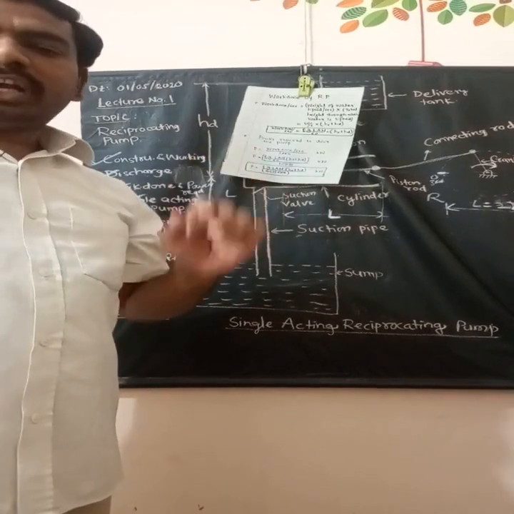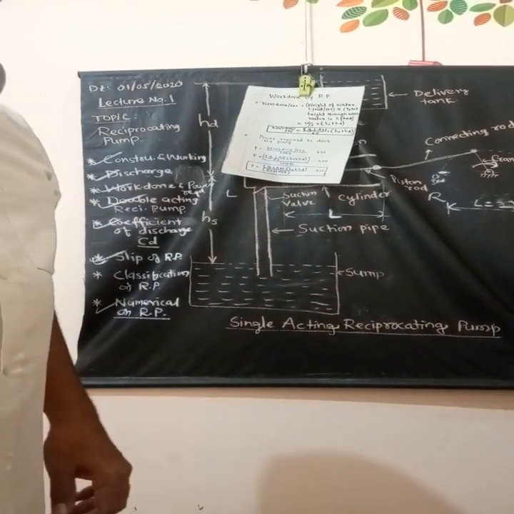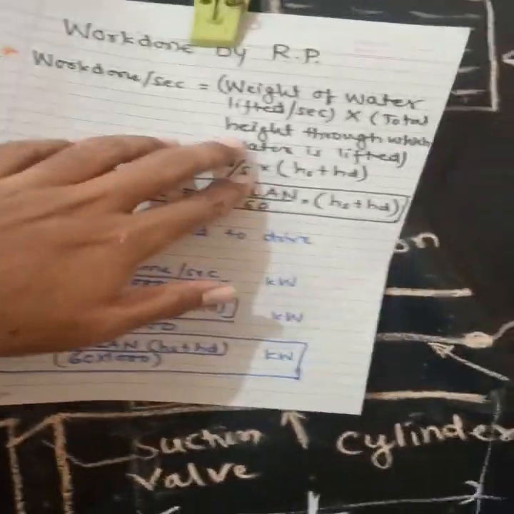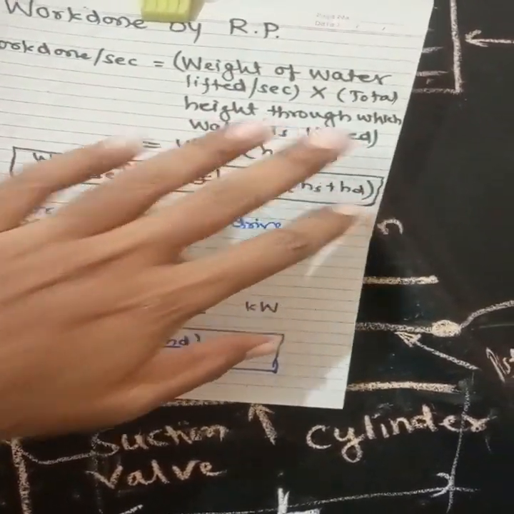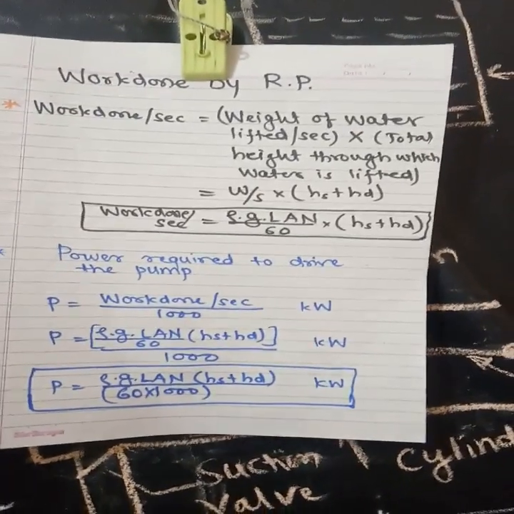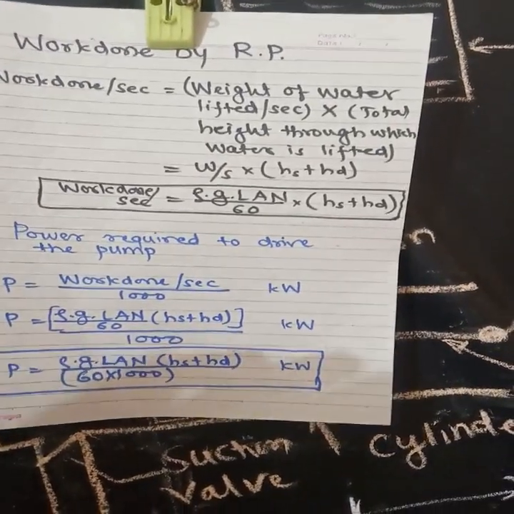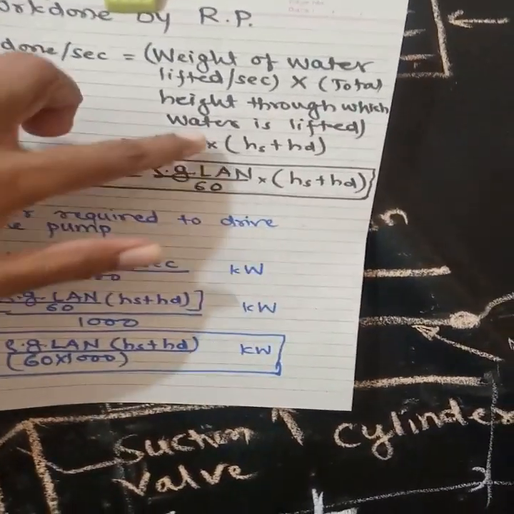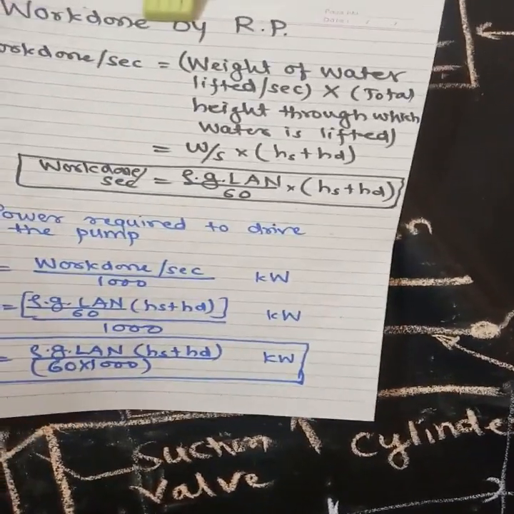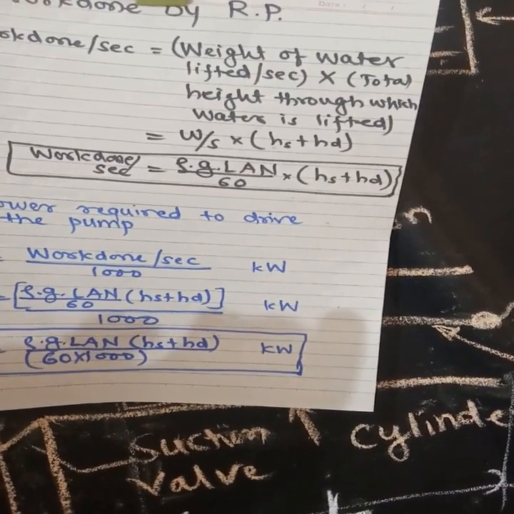That particular head is the total head, represented as Hs plus Hd. So this is the total height through which the water is lifted. So it is simply the weight of water lifted per second multiplied by the total height, that is Hs plus Hd.